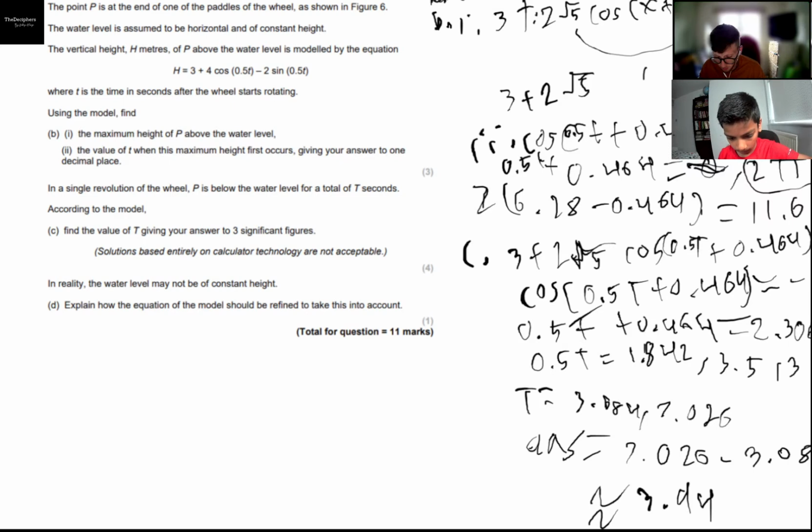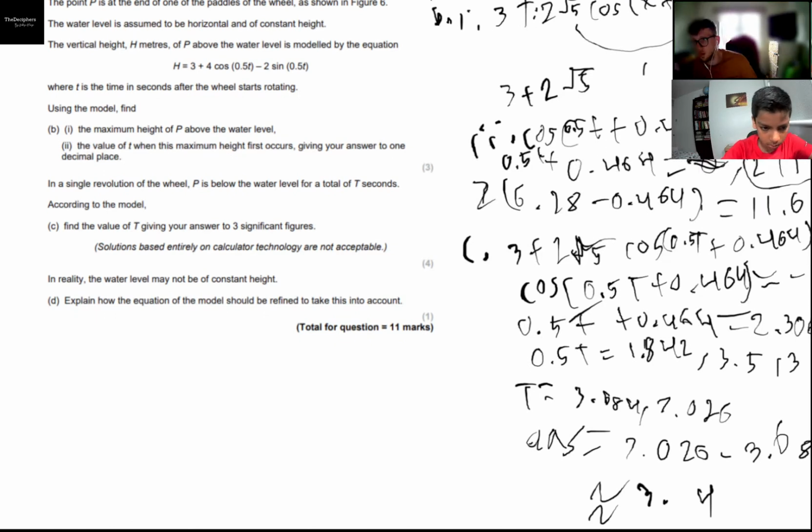And then 2.306 take away 0.464 times 2 is 3.684. Then 7.026 minus 3.684 would be 3.34. Good stuff. 3.34.